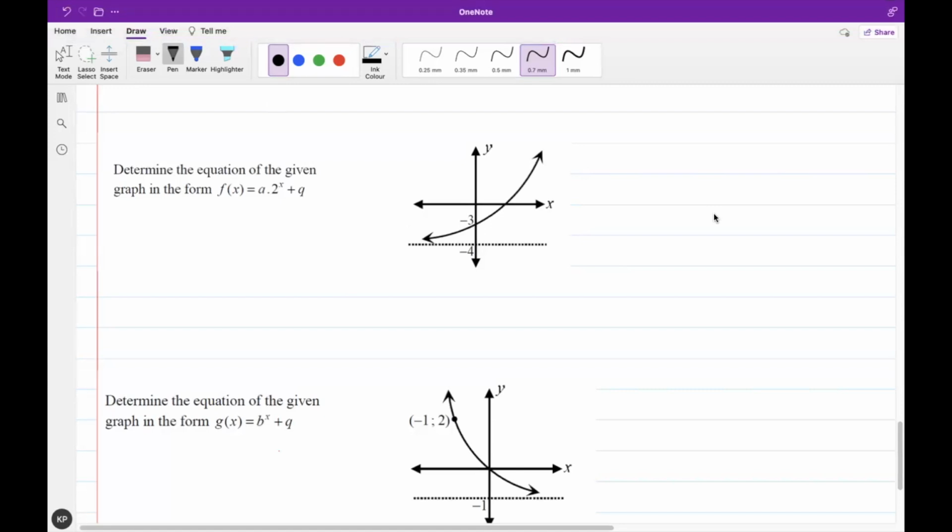What is the first thing that you guys filled in on your equation? I'm just rewriting the equation here. f of x is a times 2 to the power of x plus q. What is my q for this case?